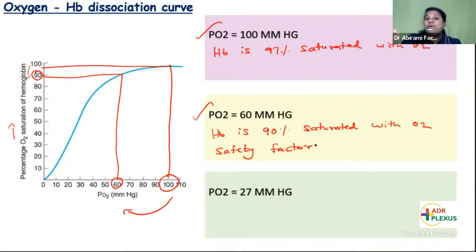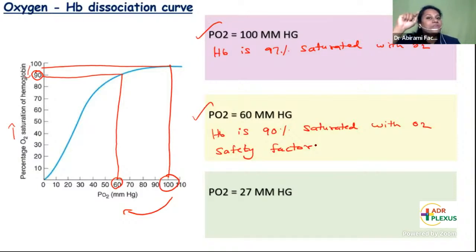And when your partial pressure of oxygen falls from 100 to 60, saturation will fall from 97 to 90. So this tells you that even though your partial pressure of oxygen is falling to 60 millimeters of mercury, the body will still be able to maintain a saturation of 90%. So that is your power of safety factor.